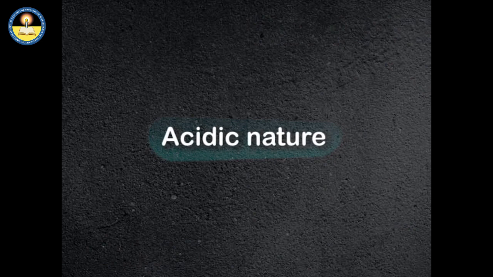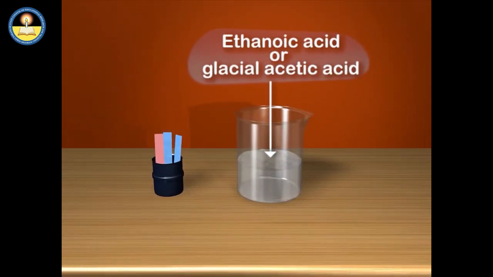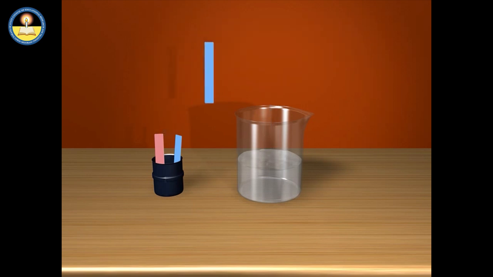Acidic nature. Ethanoic acid or glacial acetic acid is acidic in nature. The acidic nature can be tested by dipping a blue litmus strip in a tube containing acetic acid. It changes to red.